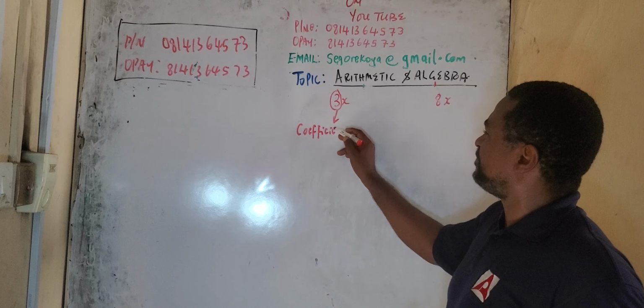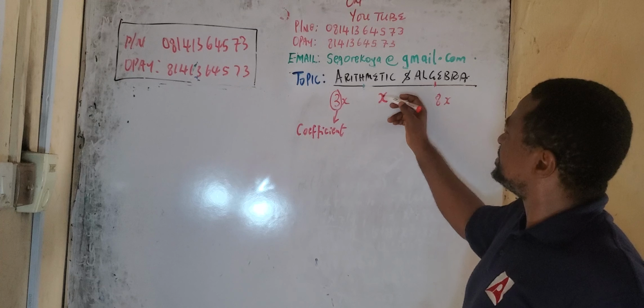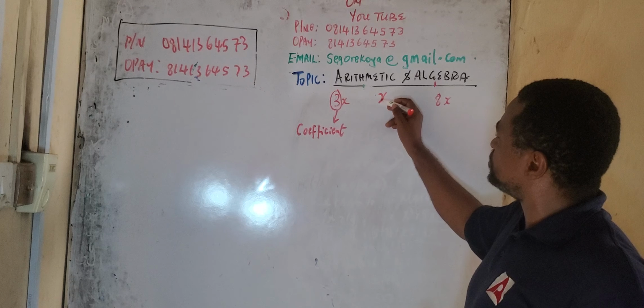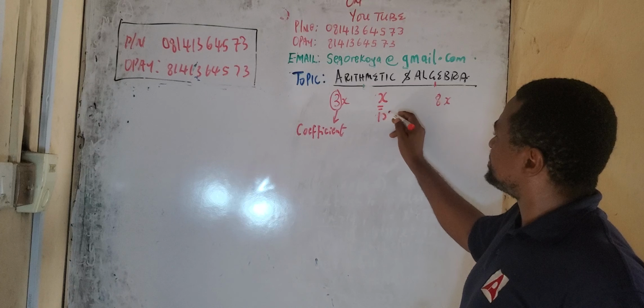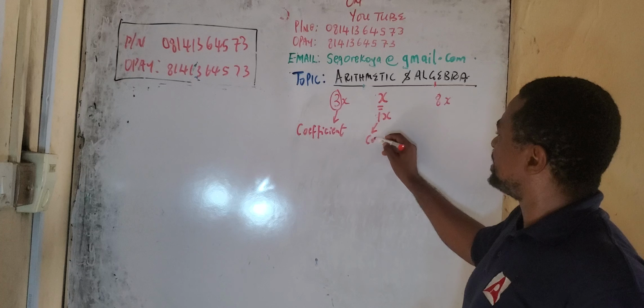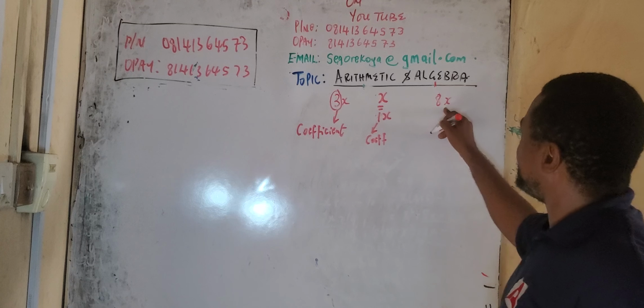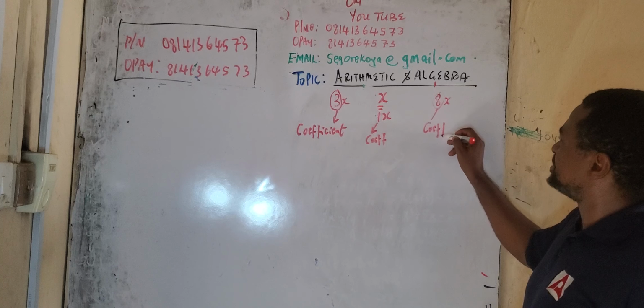This number that I have in front is called the coefficient. If I have an ordinary x in mathematics, the coefficient is assumed to be 1. So this x actually means 1x. So the coefficient in this case is 1. Now here, the number in front is 8. So the coefficient is 8.